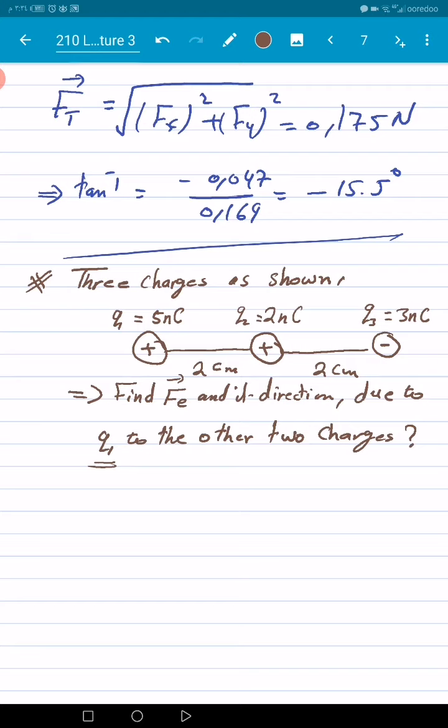So here it is Q1. The type of Q1 is positive. So be careful about the charge that makes the effect, and the others, to know the direction of the force. After that, be careful about the units. Is it the metric system unit? Nanocoulomb needs to be converted to coulomb, and also centi needs to be converted to meter.